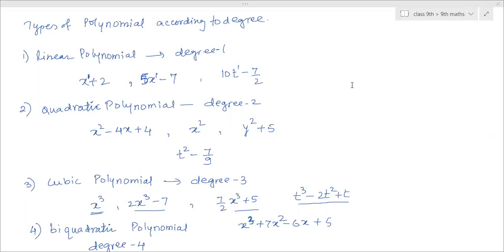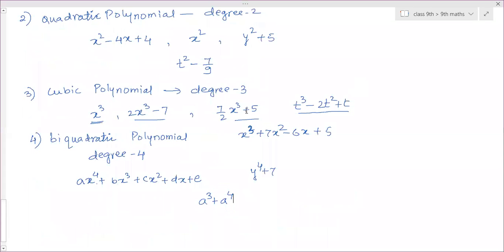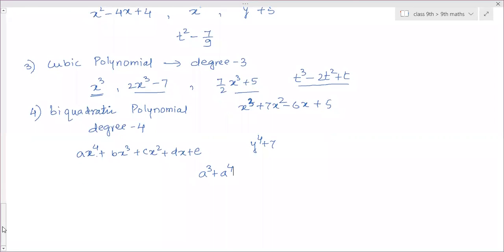Degree 4 is also called quartic, biquadratic also.